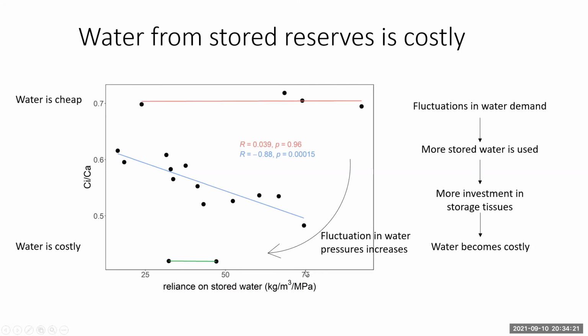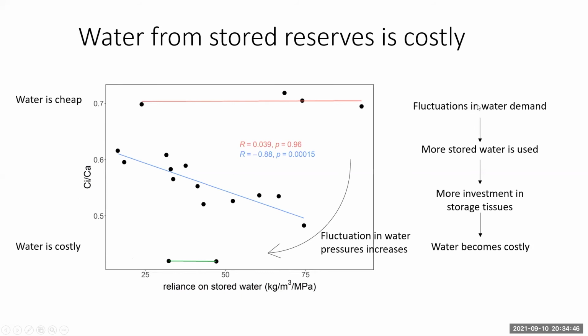But as these fluctuations kept increasing for some of the other species, we saw that the more they relied on the stored water, the costlier water was and the lower the Ci/Ca value. And then these were the plants which had the highest fluctuation in their water demands, and so even lower Ci/Ca values for them.